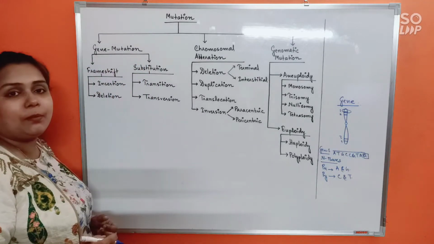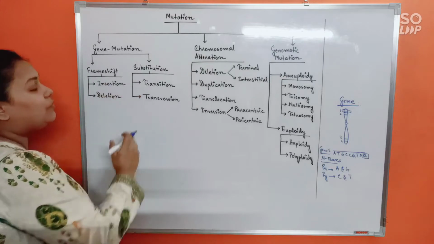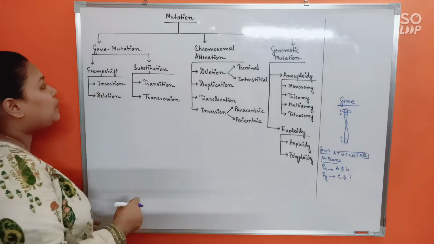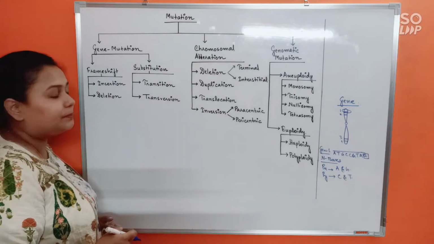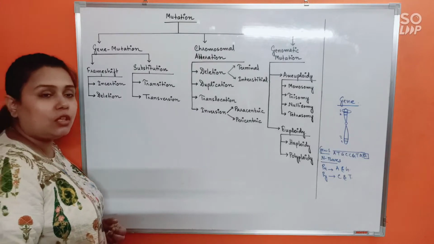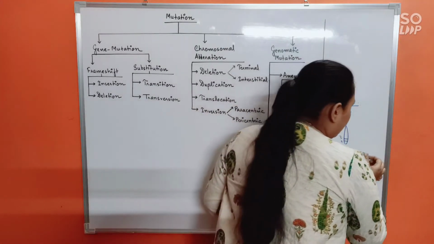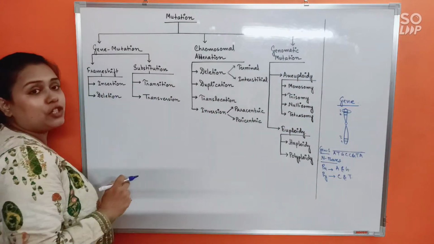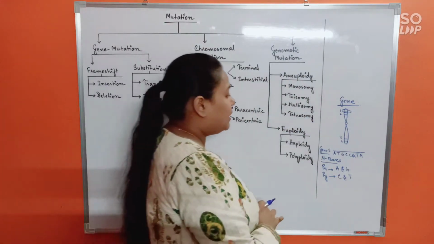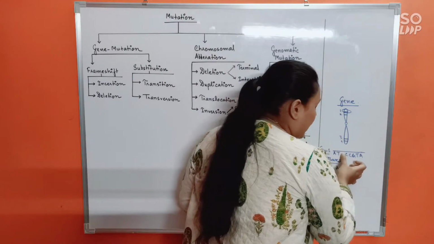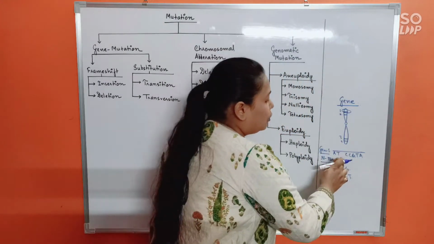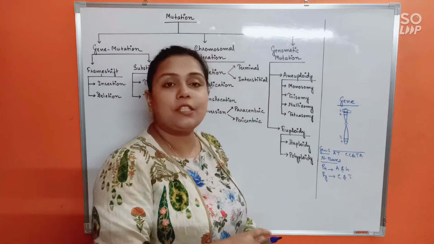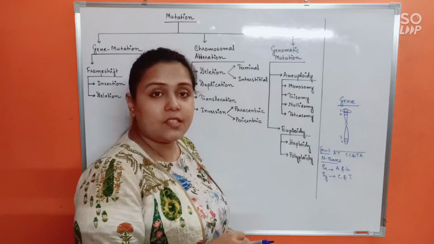Gene mutation can be broadly categorized under 2 divisions again: frameshift mutation and substitution mutation. Now what is frameshift mutation? Frameshift mutation means insertion and deletion. Basically, suppose, as I told you just now, you see that one of the nitrogenous bases has gone missing, isn't it?